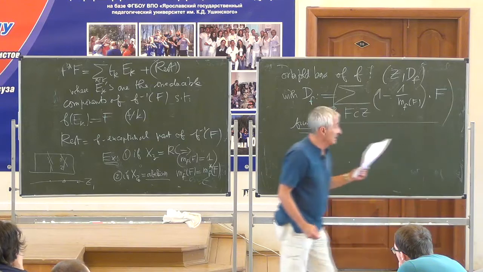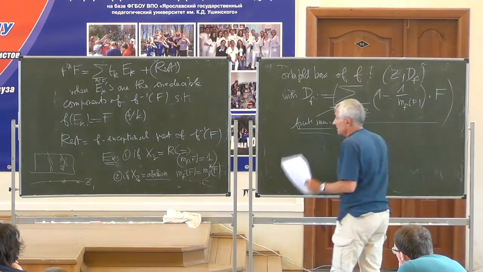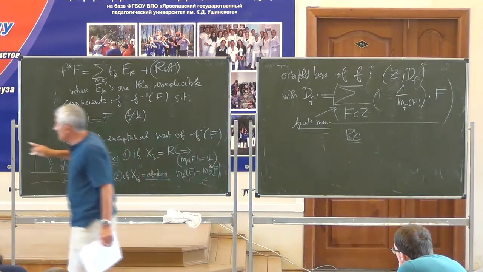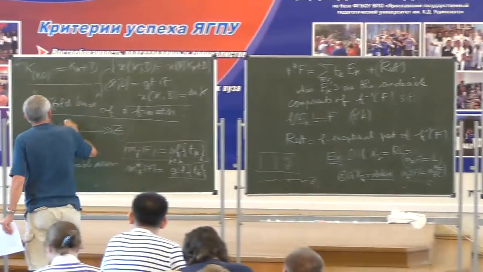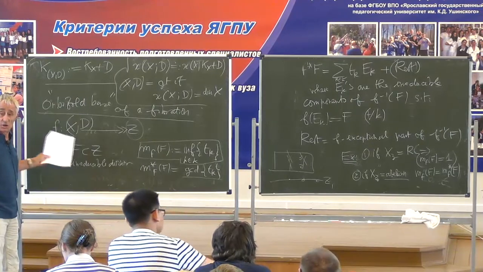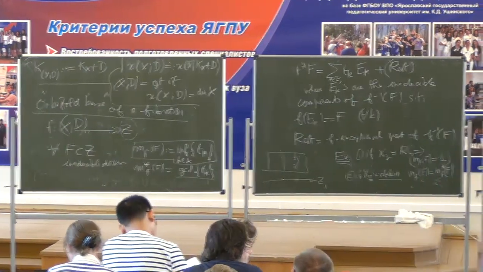I would like to make a further small remark, and I will not give an exact definition, although it's not very complicated. But even if we have a certain Xd here, if we have already an orbifold structure on X, one can define another one naturally.